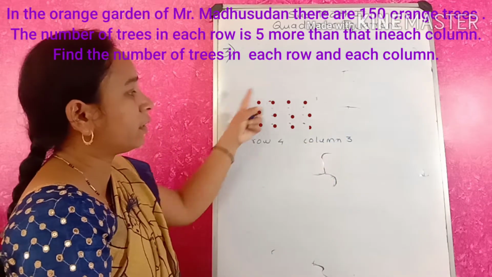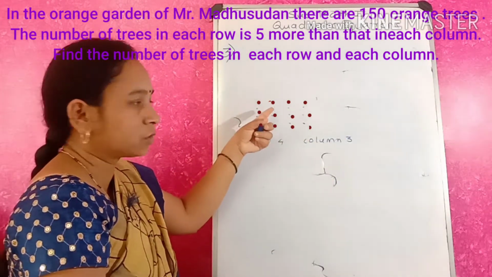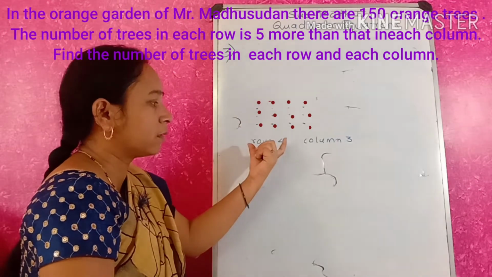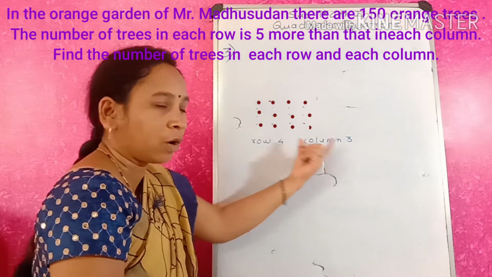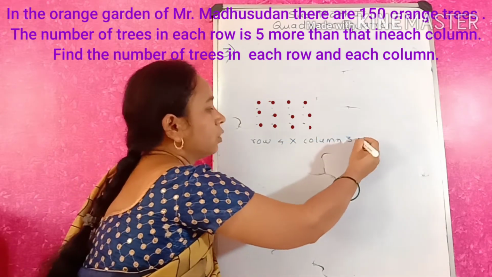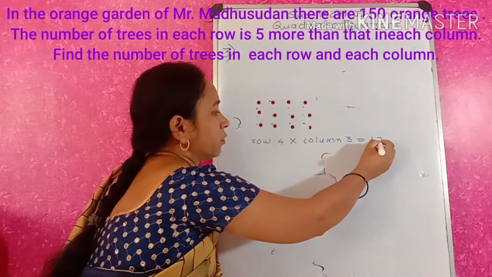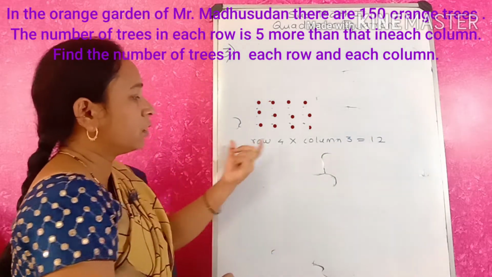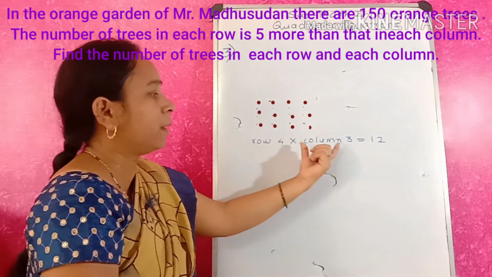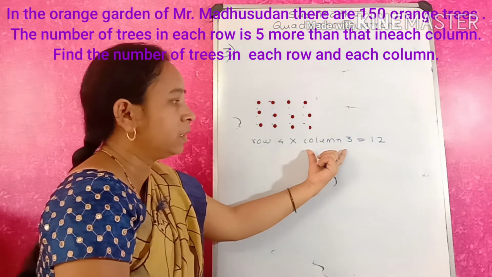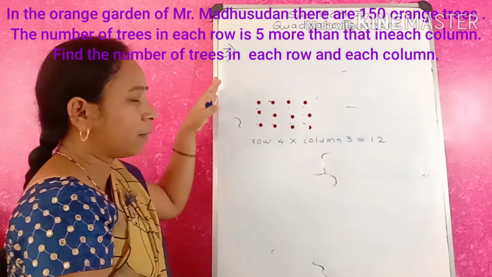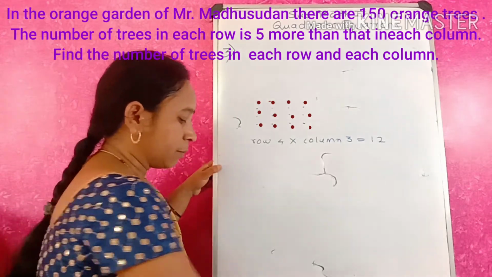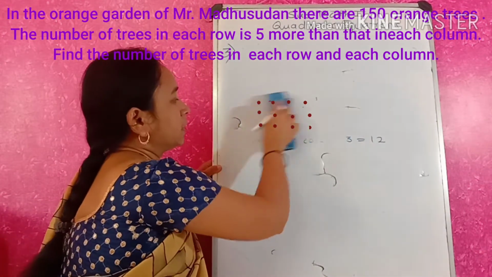And if I want to find out the total number of trees, I have to multiply the trees in the row by the trees in the column. So here I'll get the total number of trees, that means 12. So this concept, the number of trees in a row multiplied by the number of trees in a column is equal to the total number of trees. This concept I'm going to use in this example. So let's see the example.